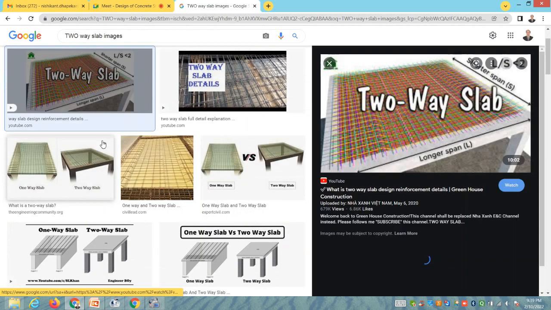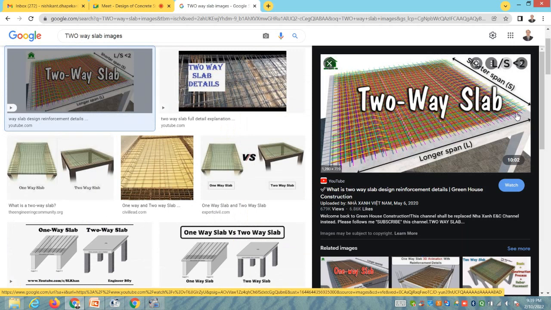Now, see the images of two-way slabs. See this image. Here, this is your shorter span and this is your longer span. In this, main reinforcement is provided along the shorter span and also along the longer span. So in both the spans we are providing main reinforcements.